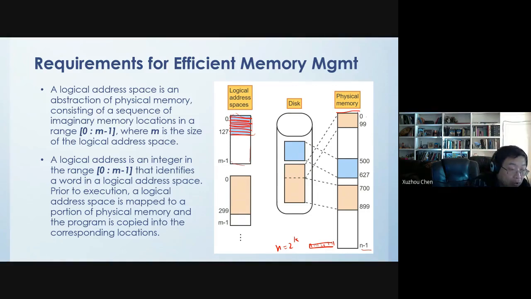These instructions have to be organized like a memory, so we call this a logical memory. For each program, before it is loaded into memory, we say this instruction is in location 0, 1, 2, and so on up to m minus 1.